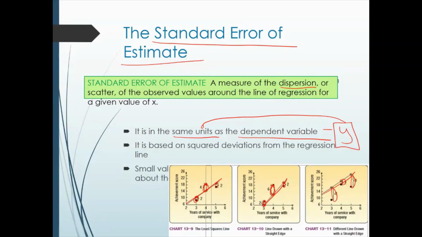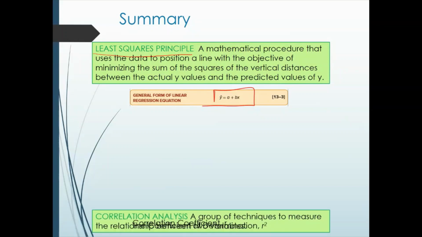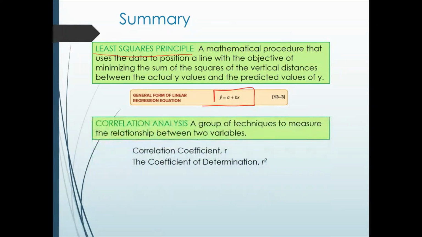So there are three different ways to look at the relationship between x and y. One is the equation of the line, which is via the least squares principle, and the scatter diagram in Excel shows you that. Another way is through your correlation analysis, looking at the values for r and r squared.